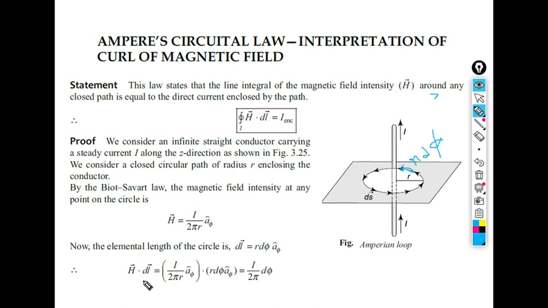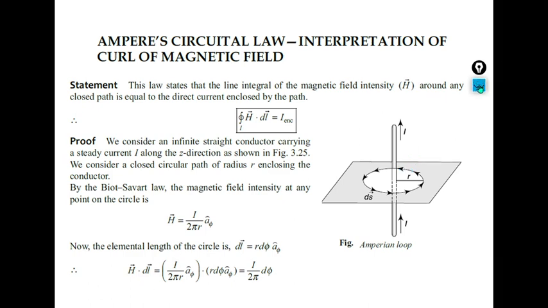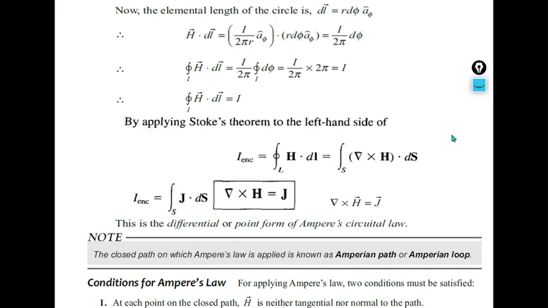Now if I do the closed line integration of H dot dl, what will I get? 1 by 2 pi times the closed line integral of d phi. The closed line integral of d phi means 2 pi.